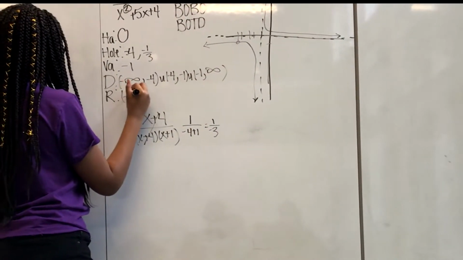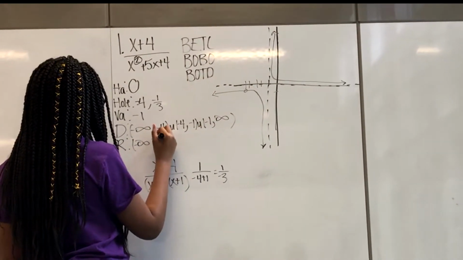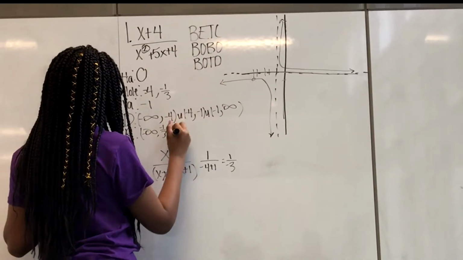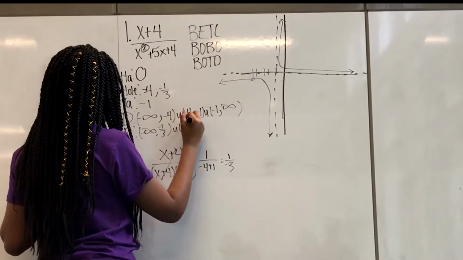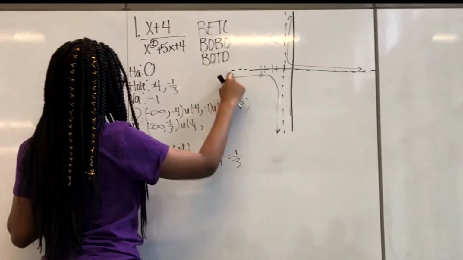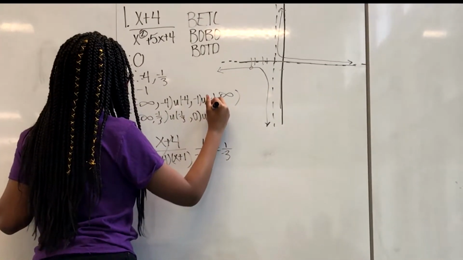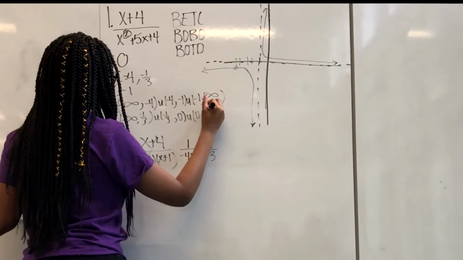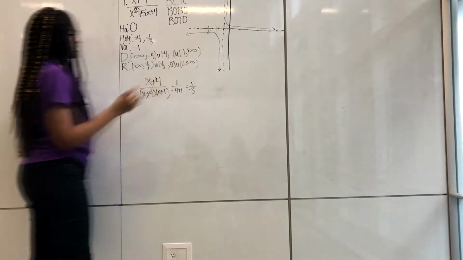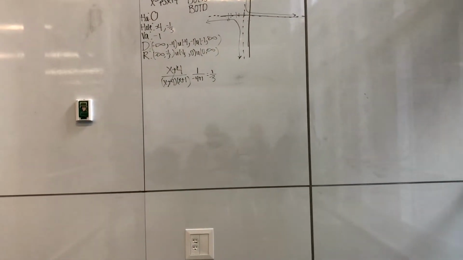For the range, it's negative infinity to the hole, which is -1/3, union -1/3 to the horizontal asymptote, which is 0, and union 0 to infinity. That's the first one.